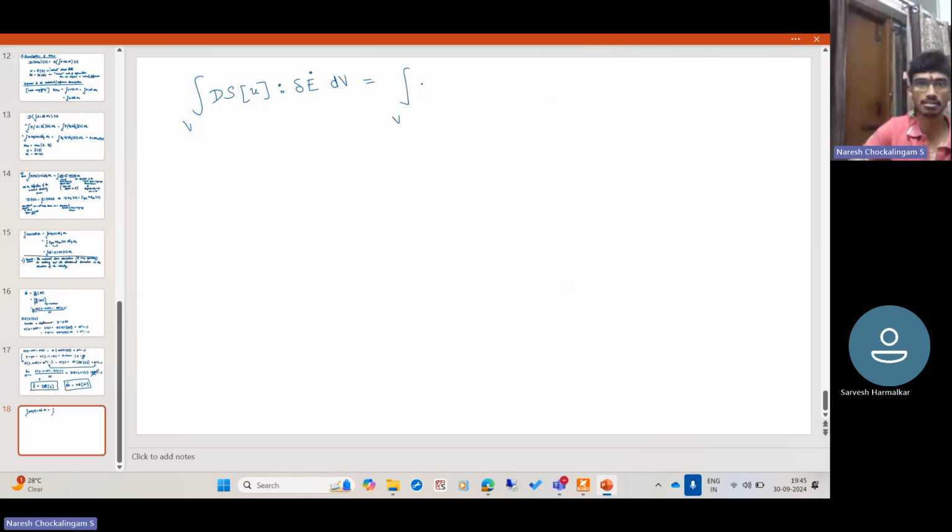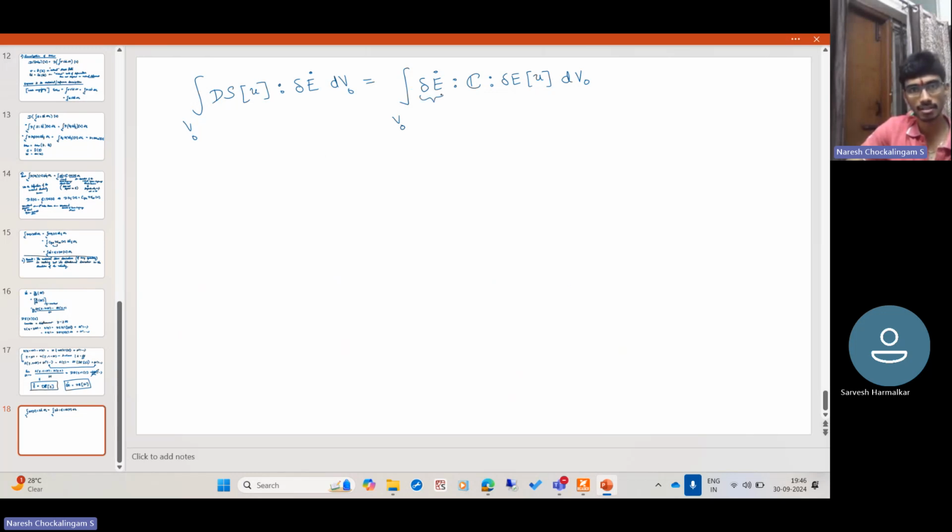First one was del E dot, so I'll repeat it, del E dot double dot with C double dot with the directional derivative of E in the direction u, dv naught. It's all in the reference configuration v naught.